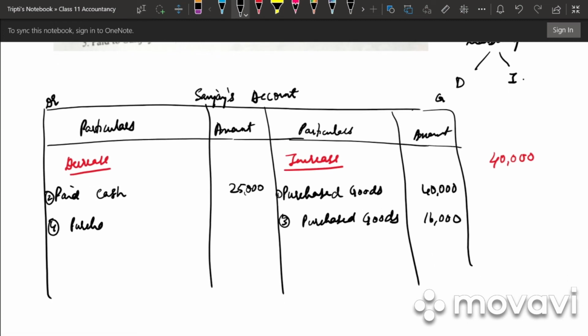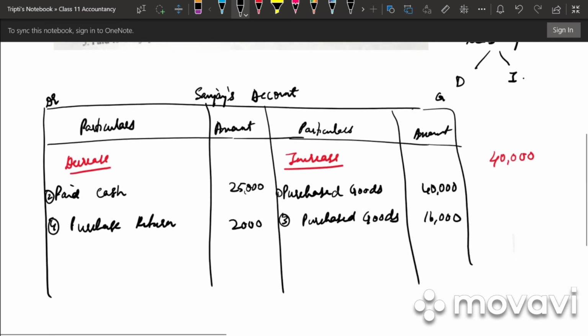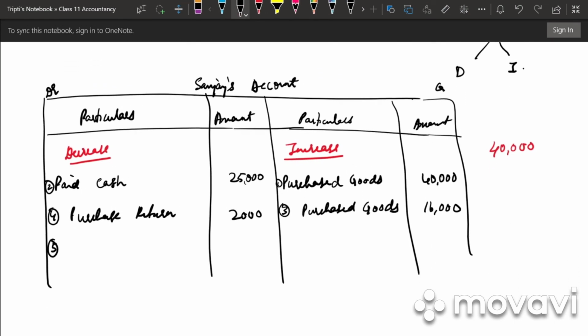So fourth we have purchase return. How much is it? 2,000. Last we have paid to Sanjay 20,000. So when we are paying a creditor, the creditor's account is reducing. So paid cash, how much is it? 20,000.